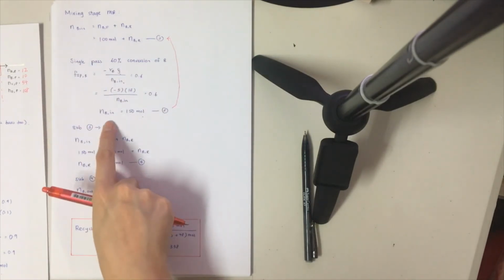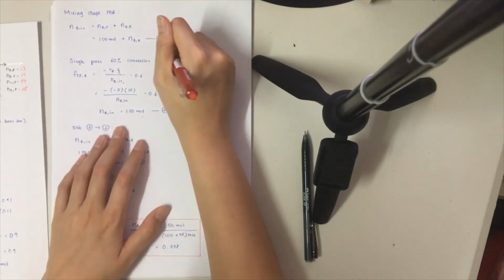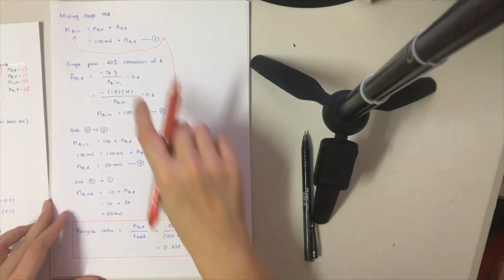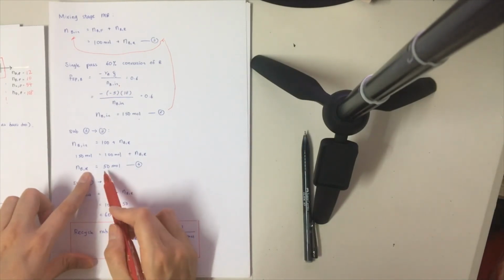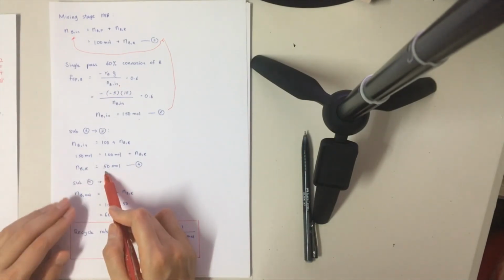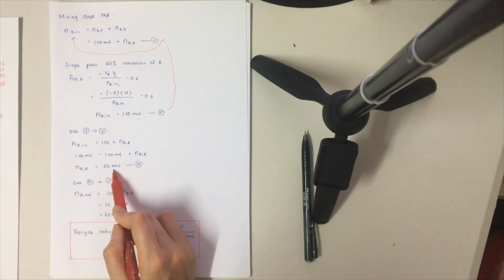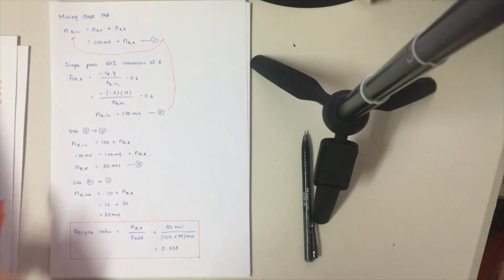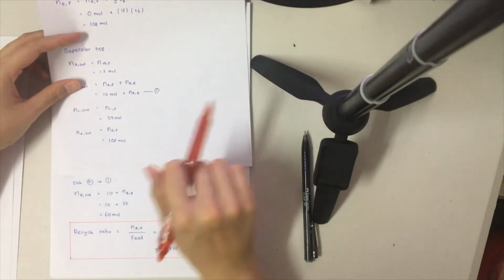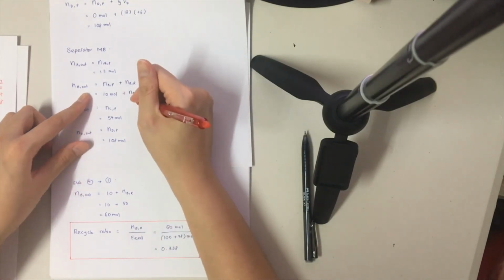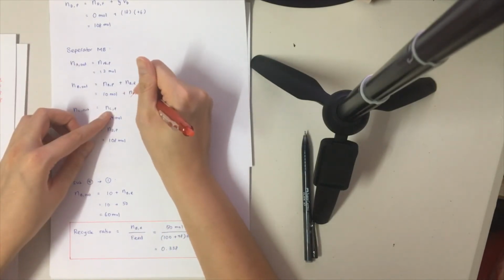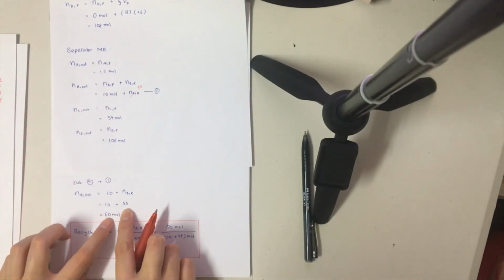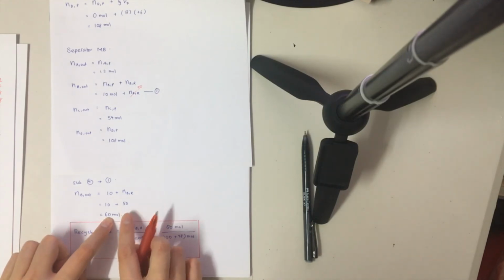NB in. Okay, substitute it in here. Draw a better line. Substitute it in to solve for our NBR. So we get our NBR is equal to 50 moles. Since we already have NBR, let's solve back our equation 1. Equation 1 is over here, so this one NBR is 50. Then we can solve for our NB, the number of moles of B that comes out, which is 60 mole.